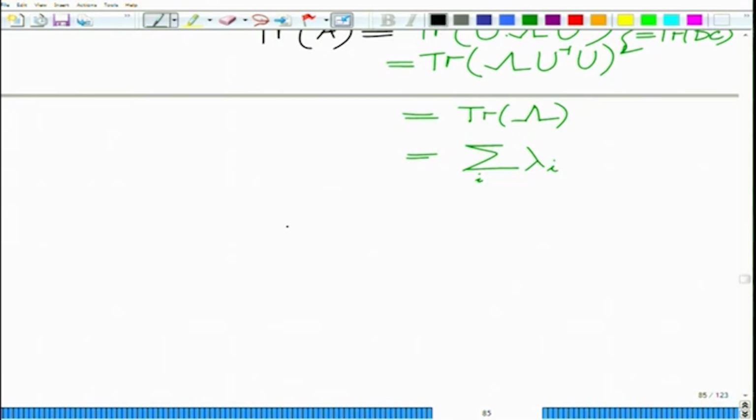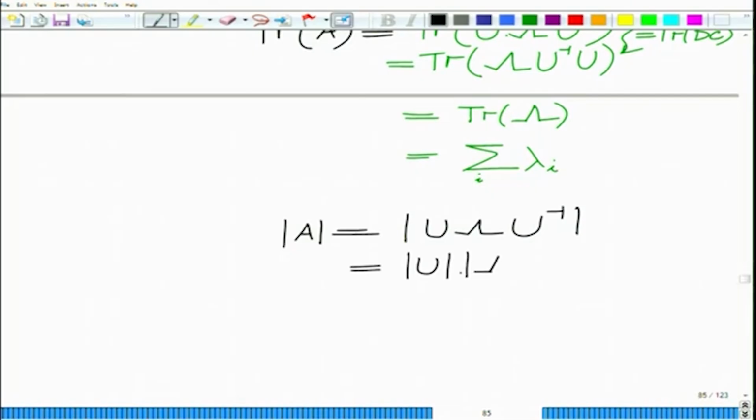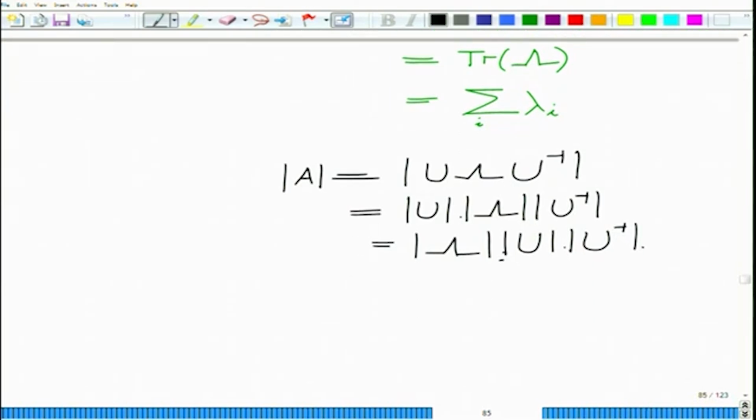Now, similarly, one can also show, if you look at the determinant of A, that is the determinant of U lambda U inverse, which, since the determinant of a product of matrices is the product of the determinants, equals the determinant of lambda times the determinant of U times the determinant of U inverse. Now, U inverse U is identity, and the determinant of identity is 1.